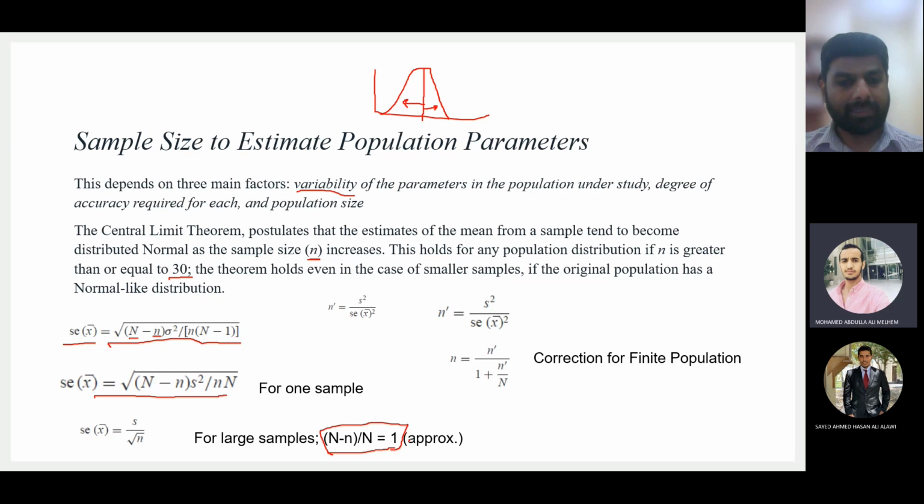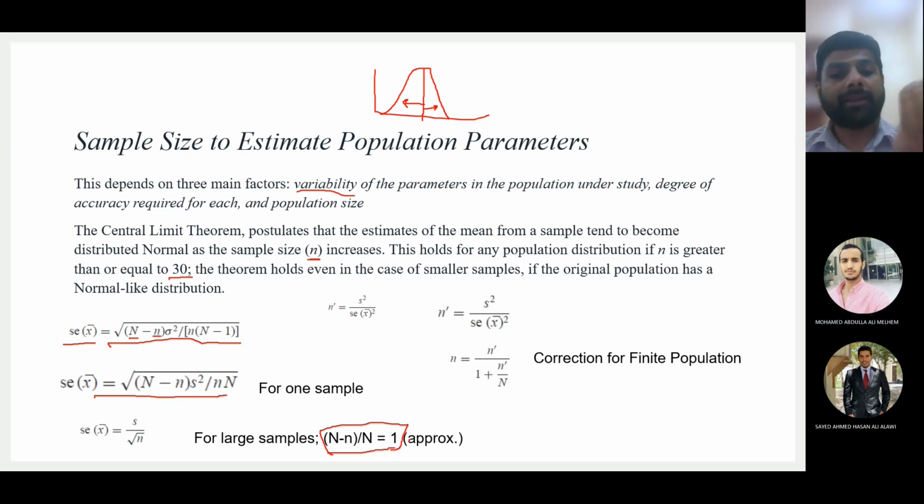Yes. So normally the sample is maybe 1% or even less than 1% of the entire population. So in that case, N minus n upon capital N will be almost like dividing N with N itself. That's why it is almost equal to 1.